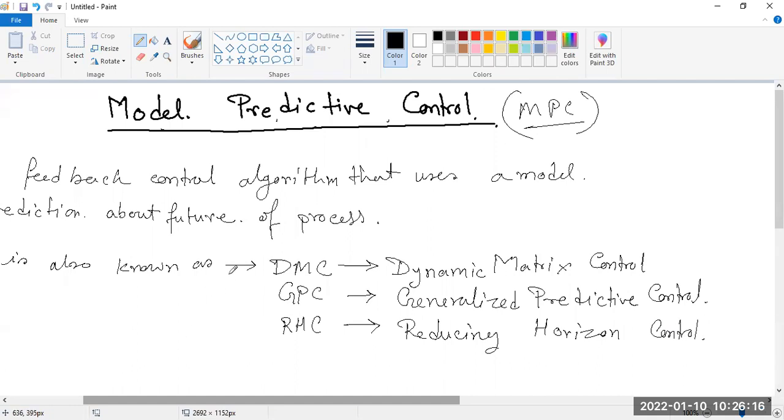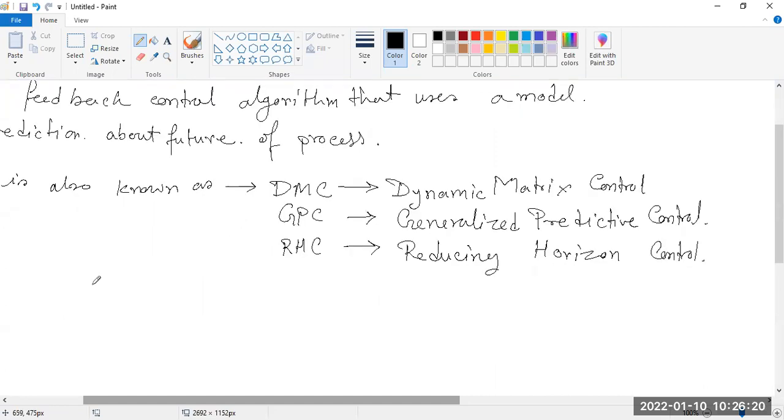Okay, so in this way, what control algorithms are used? Guys, okay, time is less.